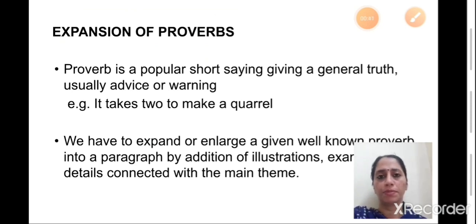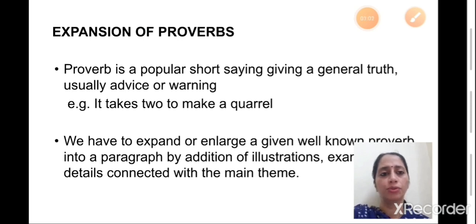Expansion of proverbs. What is a proverb? A proverb is a popular short saying giving a general truth, usually an advice or a warning. Okay, so I'll give you an example.